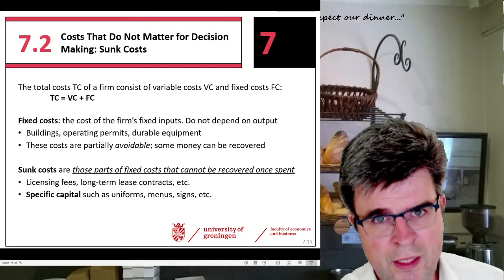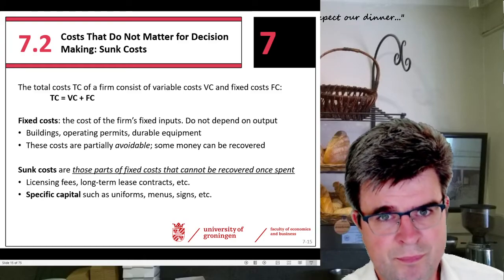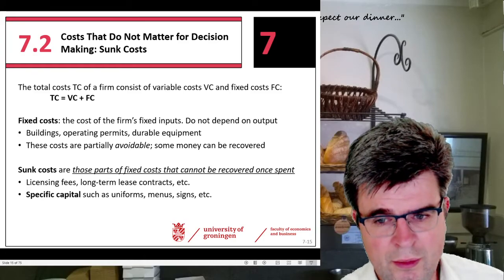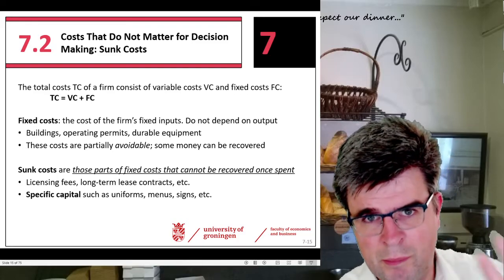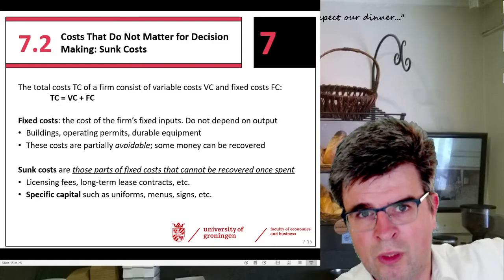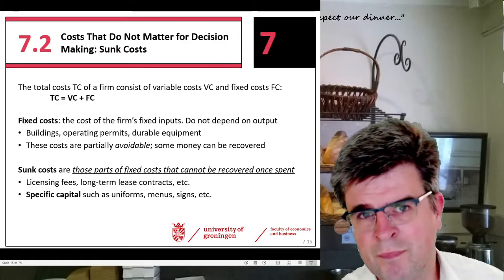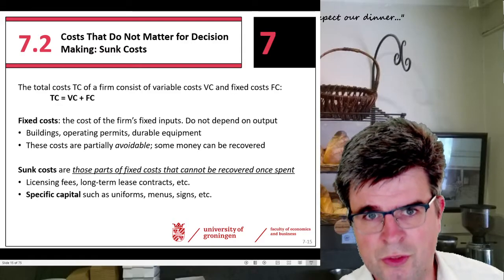So it's really a sunk cost. And also the menus that you make or the signs that you make. So the big neon lights on the outdoor, it's just a sunk cost.